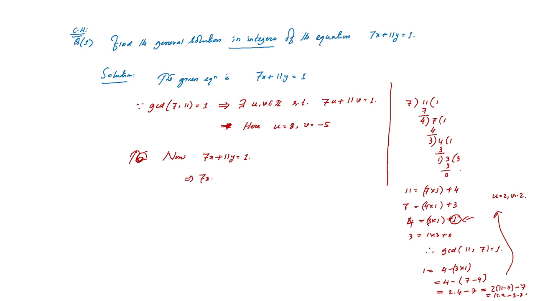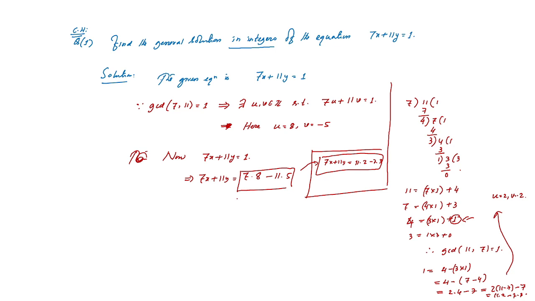And that we can write 7x plus 11y equals to 7 into 8 minus 11 into 5. Also you can write in that position 7x plus 11y, this is basically 11 into 2 minus 7 into 3. So either you can write this one or you can write this one. The solution remains same. Okay.